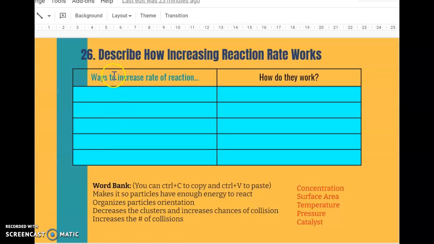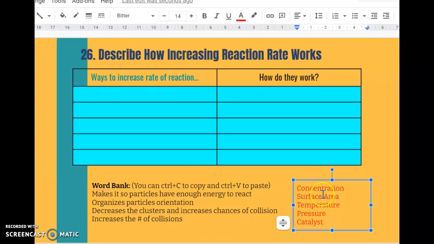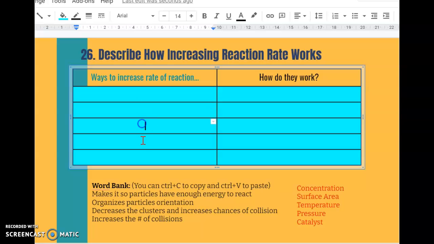Lastly, on slide 19, in this chart here, you have ways to increase the rate of reaction and how they work. So with those, we have some word bank down here. So you can copy and paste, and it tells you how to do so in the word bank. So in this bank, this is ways to increase the reactions. You can take these, you can include them in the boxes.